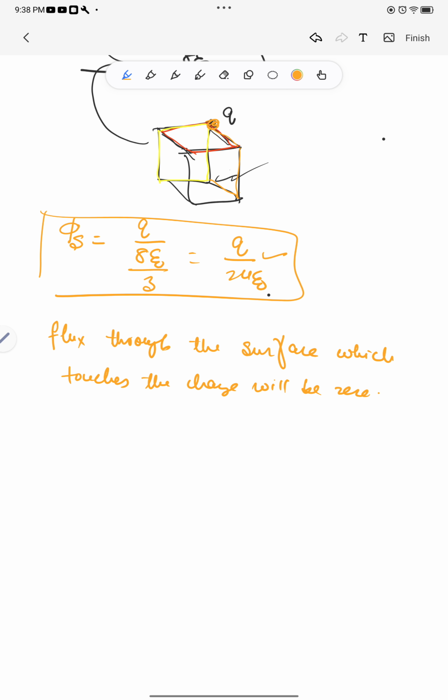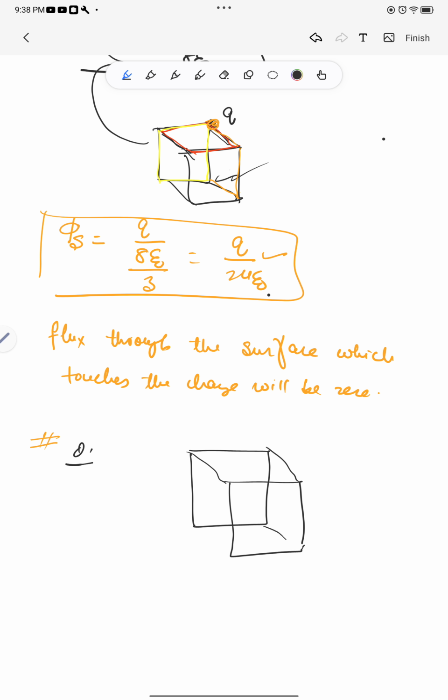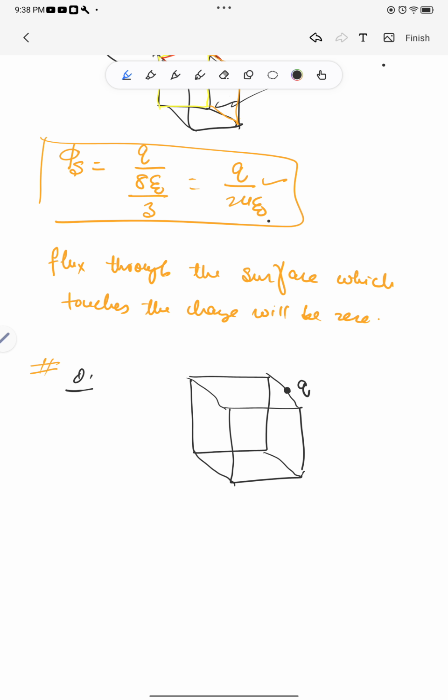Now what will happen if this charge is at the edge of the cube? Another point is, let's say this charge q is at the edge of this cube. We have this cube, and the charge is placed at the edge of this cube. Then what will be the flux through this whole cube, and what will be the flux through a single surface of this cube?